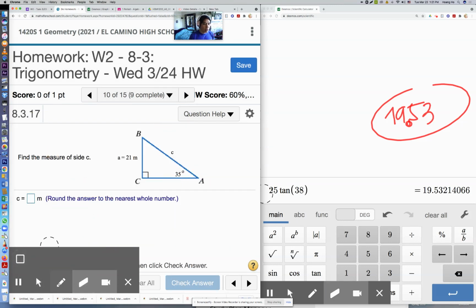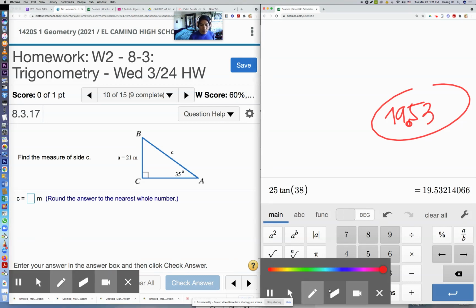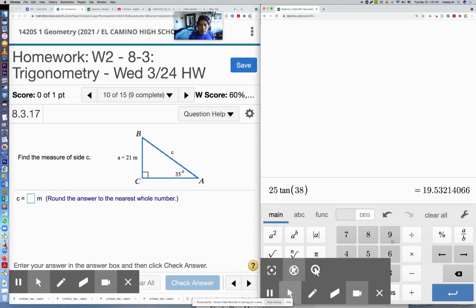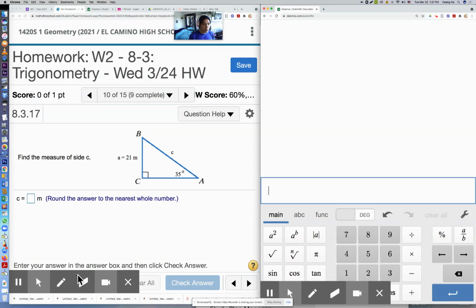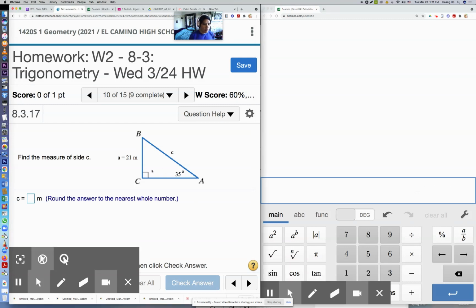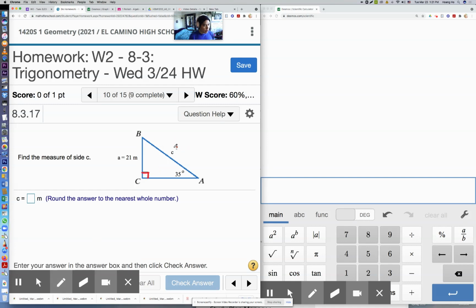Question number 10. I need the calculator again, so I can clear it. This is the right triangle on the right side. The missing C is the hypotenuse.